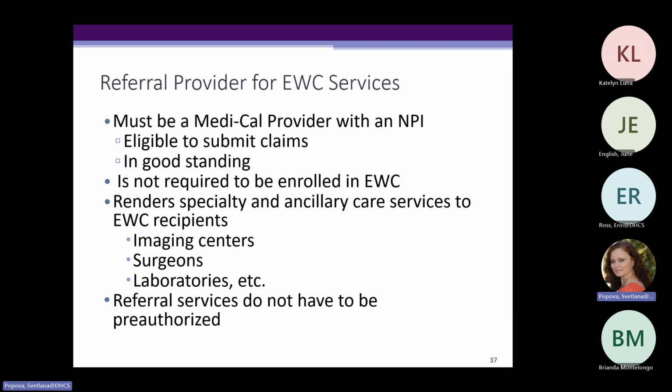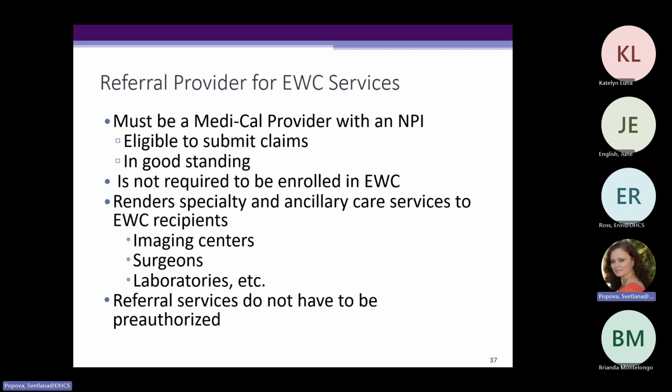So let's talk a little bit about referral providers. They have the same standards. They also must be a medical provider in good standing or with an enrolled MPI. They should be eligible to submit claims, but they are not required to enroll into EWC.